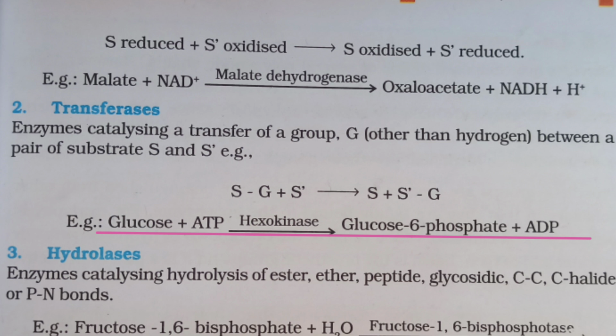Here on glucose, on the 6th carbon, a phosphate group is attached. That's why we call it glucose 6-phosphate.